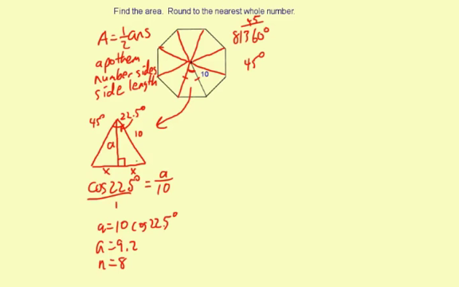So this time we're going to use the sine ratio. We're going to use the x and the 10, and the x is the opposite side from the 22.5 degrees. 10 is the hypotenuse. So sine of 22.5 degrees equals x divided by 10. Make it a proportion and cross multiply to solve. X equals 10 times the sine of 22.5 degrees.